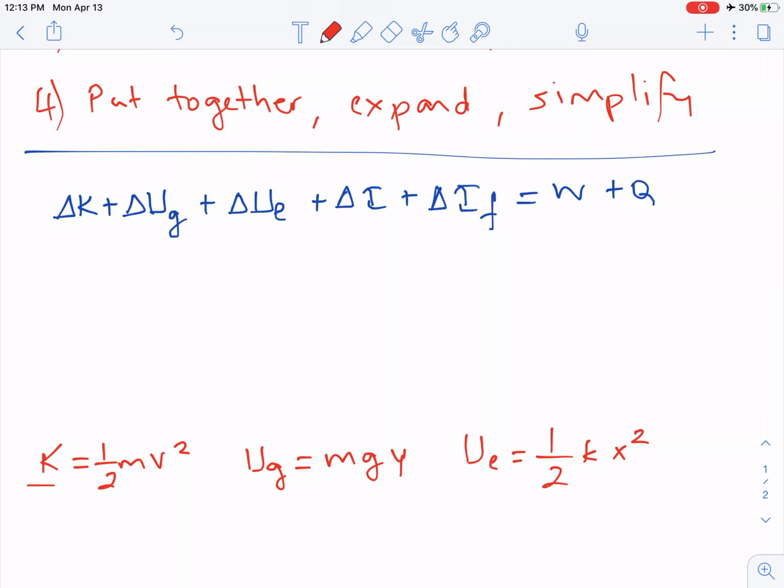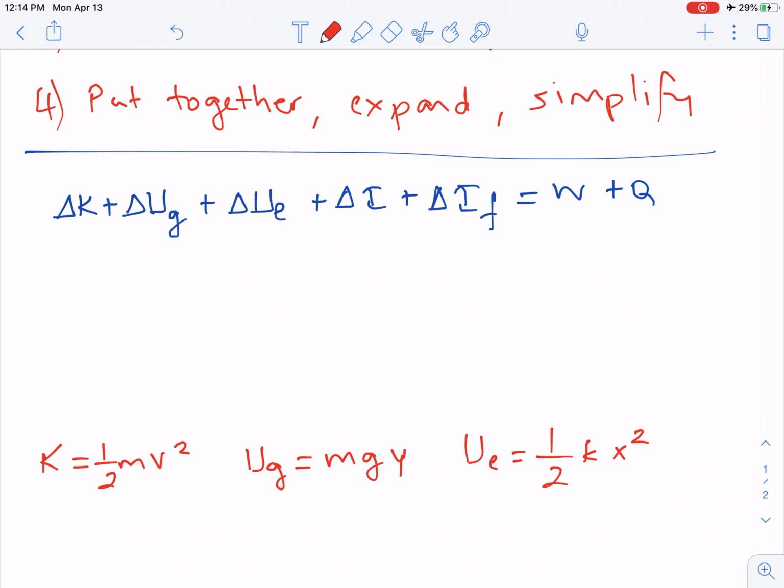Instead of saying internal energy, you can say thermal energy, because of the friction between the surfaces, there will be some temperature change between the surfaces. And when there's temperature change, there's molecular level energy change, and that's why we have that delta I_F term.